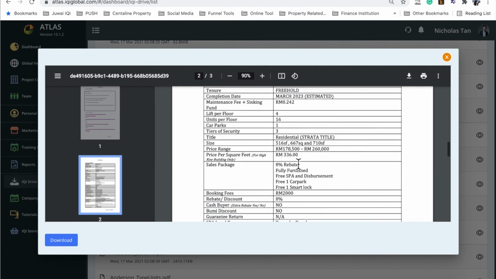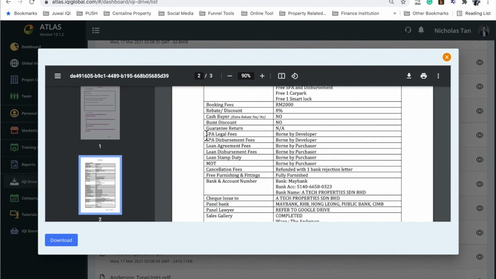And you also can see the same thing. This is borne by developer, and the only things borne by purchasers are, oh sorry, this one is S&P legal fees borne by developer, disbursement for SPA borne by developer. The rest, purchaser have to pay. Can you see the difference?